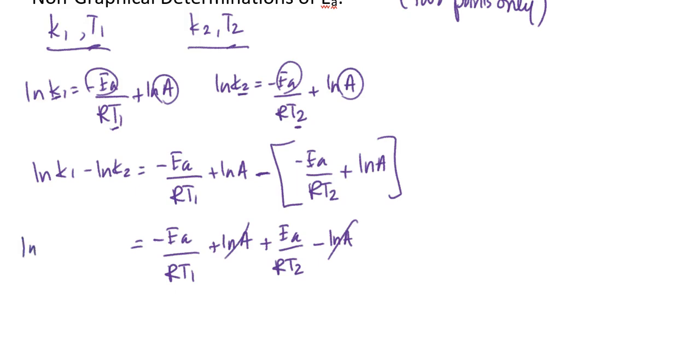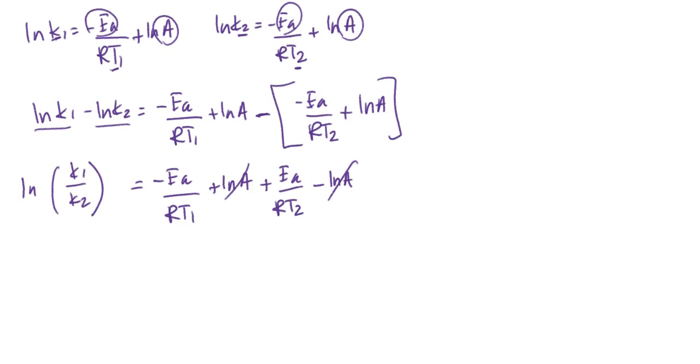And on the other side, there is a property of logarithms that says if I subtract two logarithms from each other, that's the same thing as taking the natural log of the ratio of both quantities. So now the left-hand side has become natural log of k1 over k2 is equal to negative Ea over RT1 plus Ea over RT2.